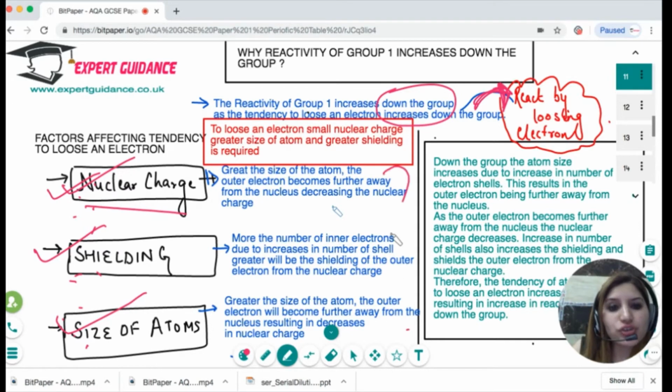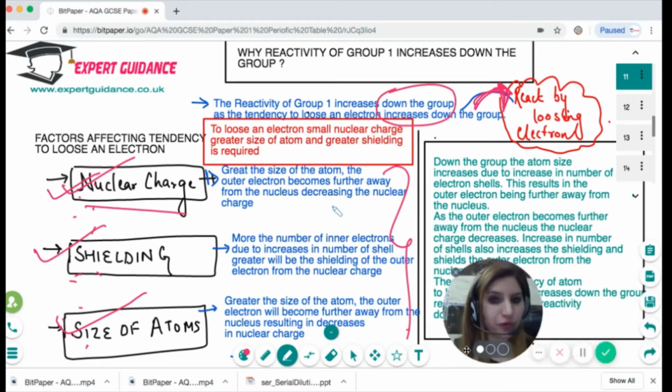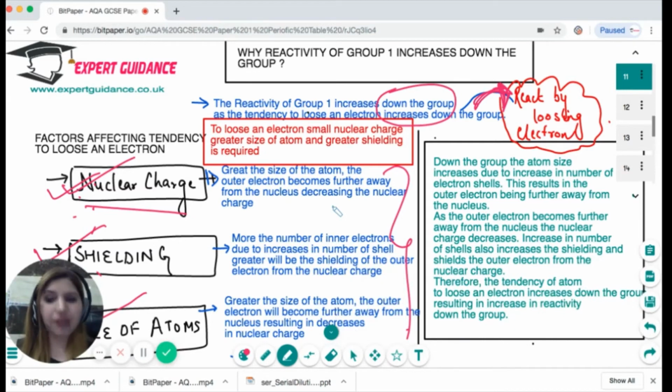So due to all these factors, down the group, the tendency to lose an electron increases, and alkali metals react by losing an electron. Therefore, the reactivity of group 1 increases down the group. Remember, when you get this question, you need to talk about these scientific terms: the nuclear charge, shielding, and size of the atom.